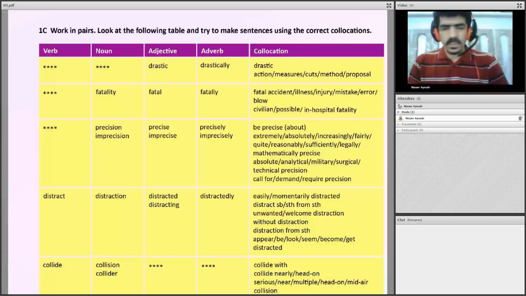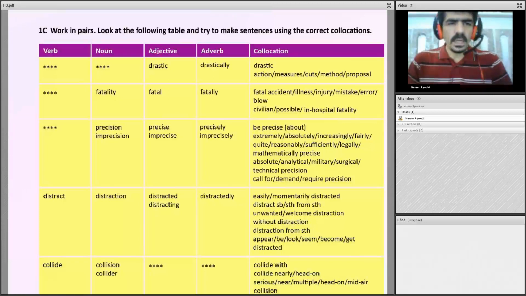So we are on page 21 of the book, and we're going to study the table of collocations containing different words from different, let's say, parts of speech and their related collocations.